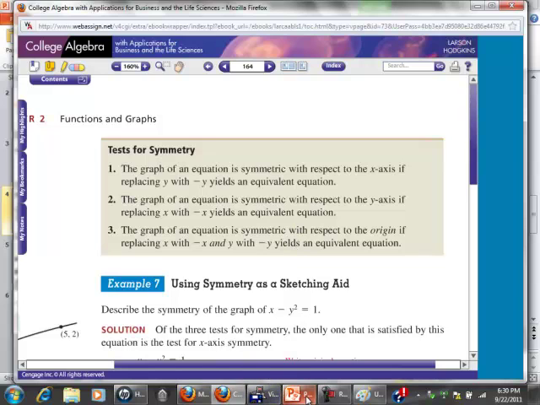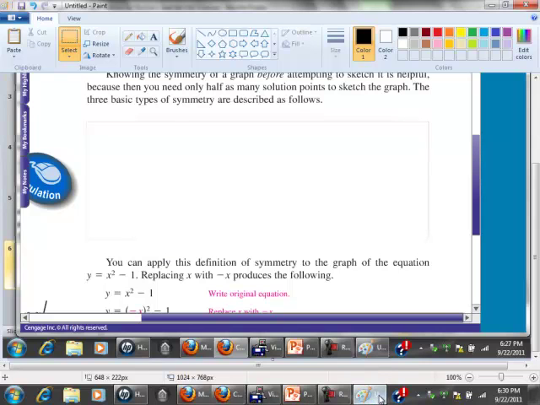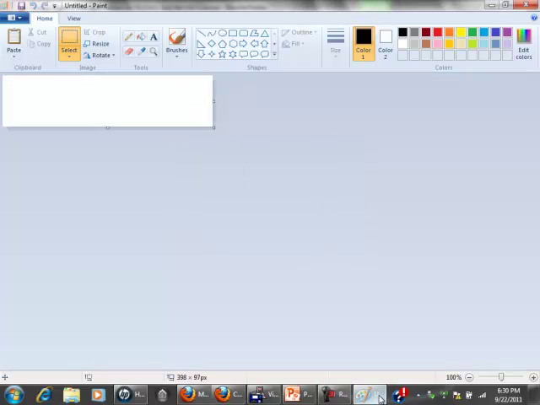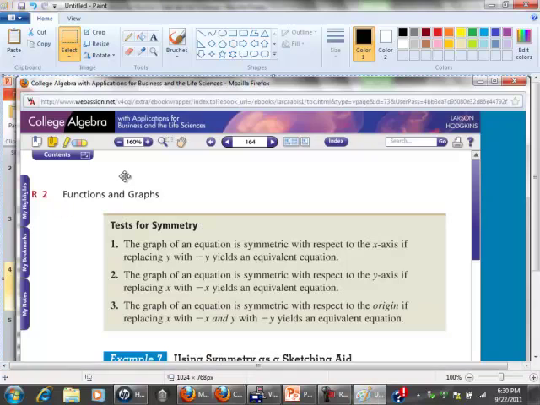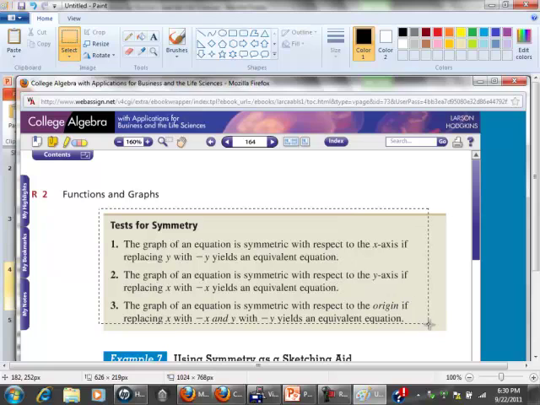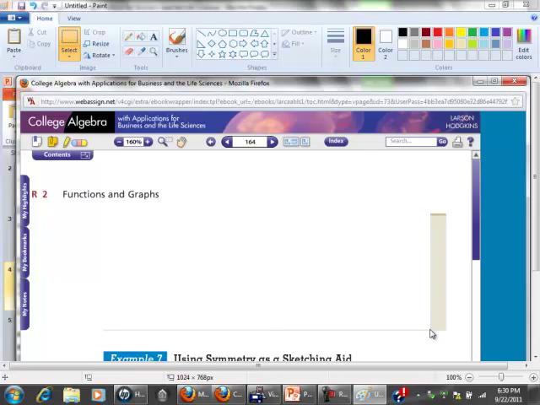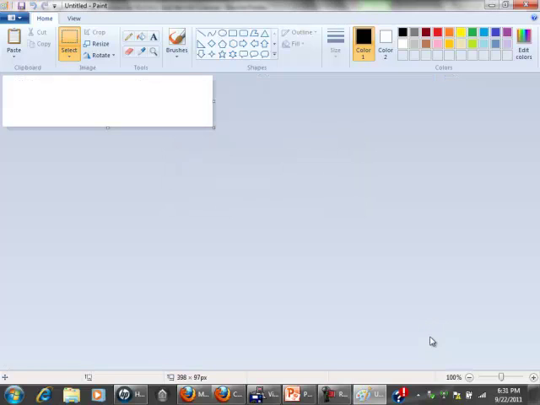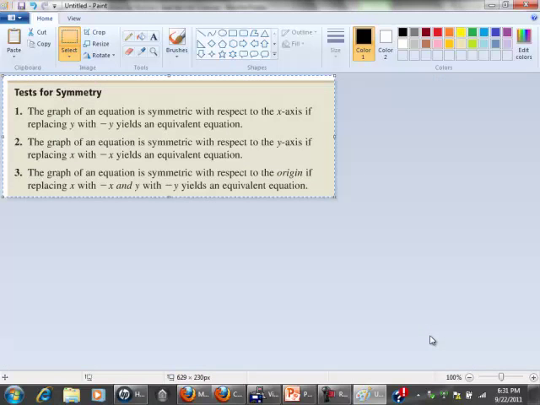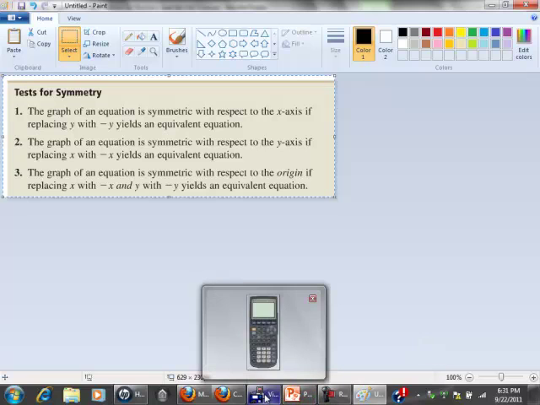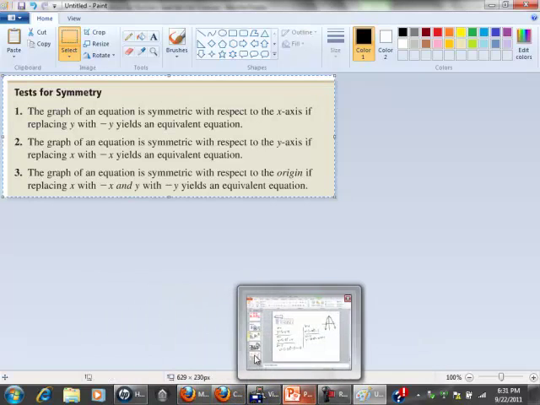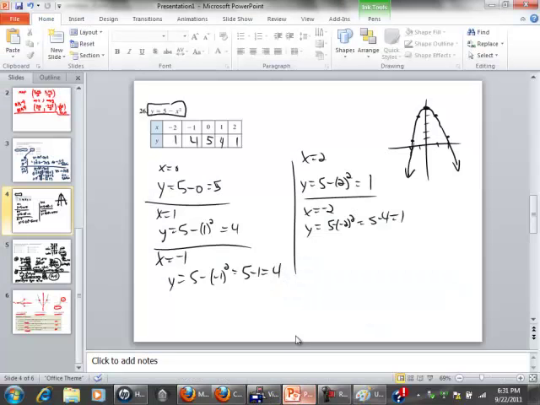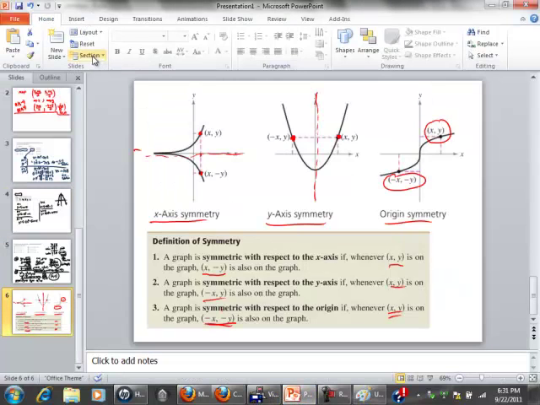You'll be given a formula, and you'll be asked to test the formula for symmetry. And here are the tests, coming from the definitions.